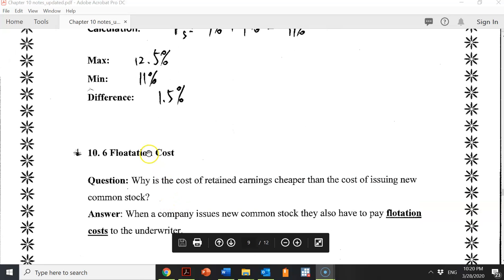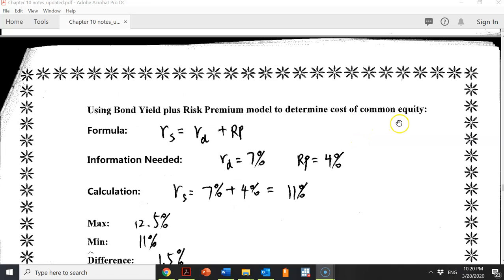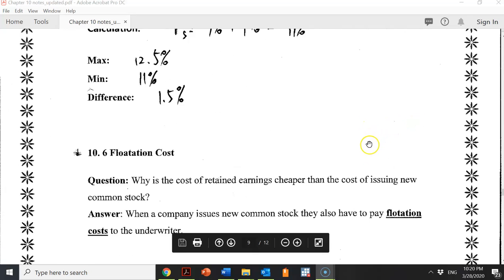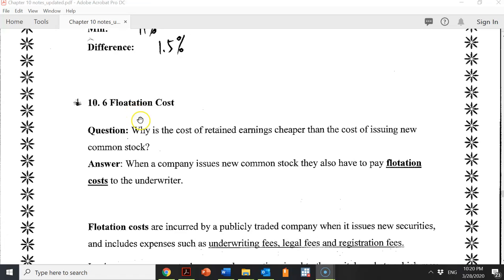But what if we're not only calculating cost of common equity for retained earnings? What if we're calculating cost of common equity for new equity issues? Then we have to add flotation cost. Okay, because the cost of retained earnings is cheaper than the cost of issuing new stock.